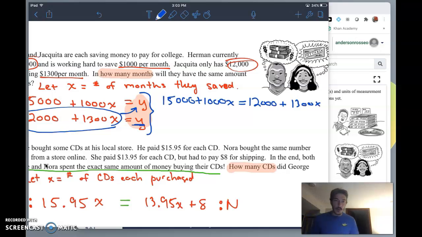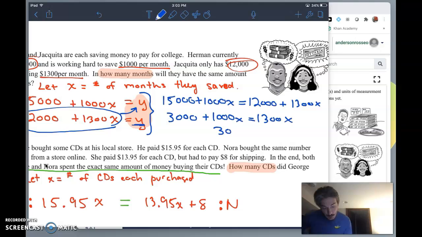Now I'm going to go a little quickly, not show all my work mathematically, but I'll subtract 12,000 from both sides, and when I do so, I get 3,000 plus 1,000x equals 1,300x. Now I'll subtract 1,000x from both sides, and when I do that, I get 3,000 equals 300x, and I divide both sides by 300, and I come quickly to the solution that x is 10.